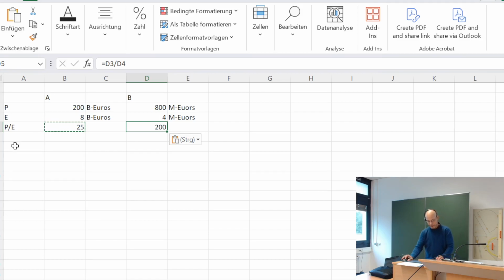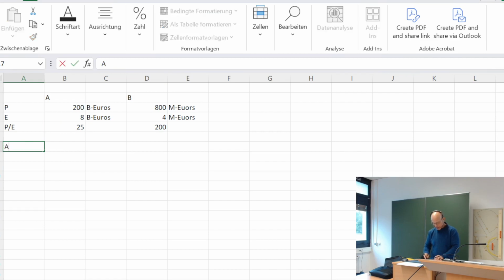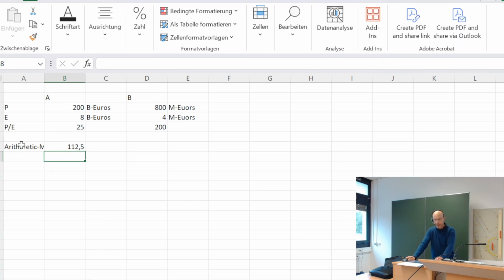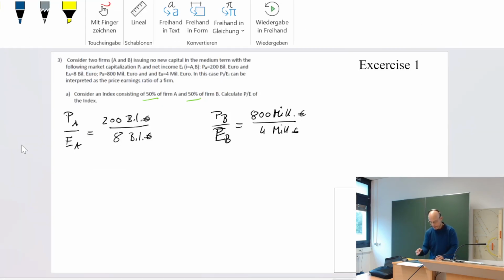Well, the average, the arithmetic mean, would be then just 0.5 times 25 plus 200, 112.5. So this was 25 and this is 200.